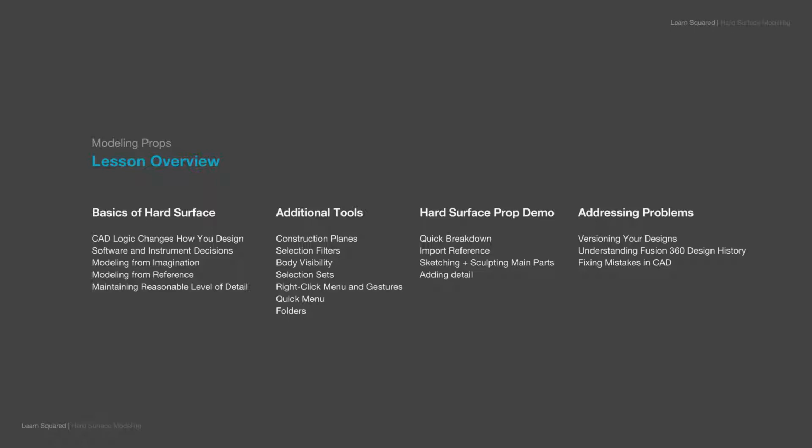I would also like to talk about addressing problems, basically how to version your designs so that you're not losing progress, and at the same time you can come back to it and redo certain parts. And of course, we're not talking about design history here, we're just talking about saving separate files.